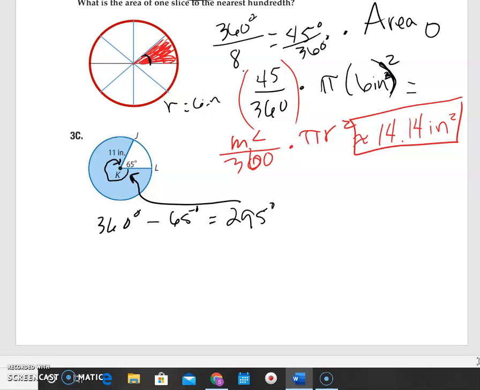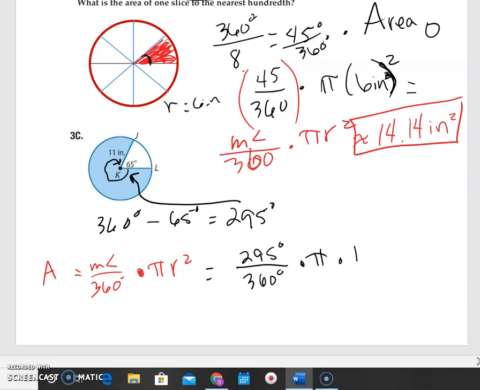Now, when I want to find the area of that shaded sector, it is the measure of the angle over 360, so that's how much of the shaded region we have, times pi times radius squared. Then I'm just going to fill it in. So 295 is the measure of the shaded section out of the 360. That's the fraction of the circle that we're using, times pi times our radius, which looks like 11 inches, squared.